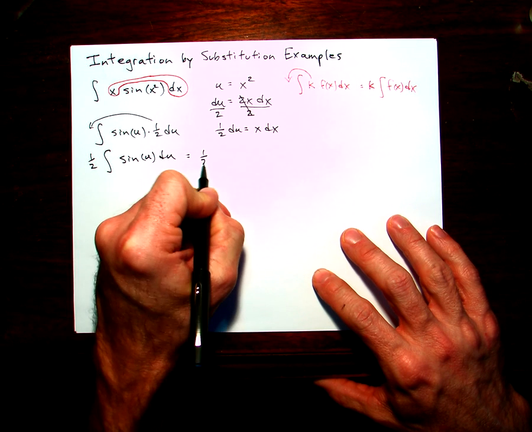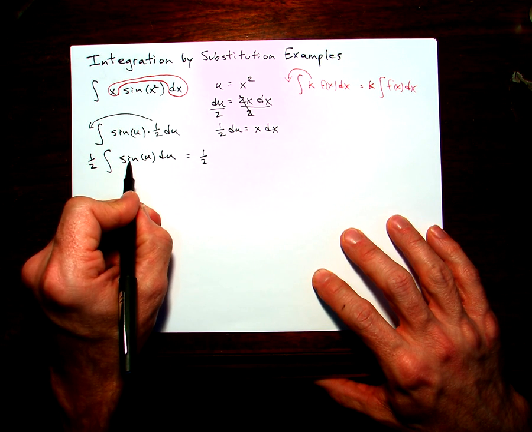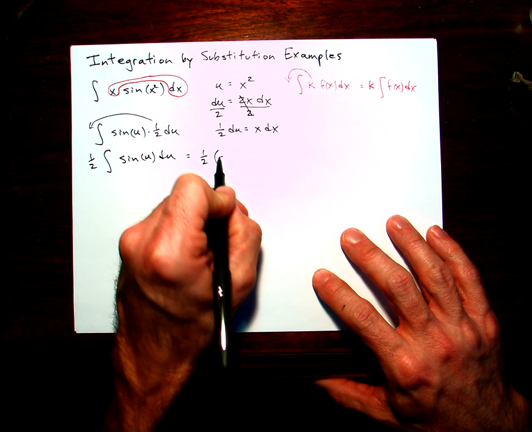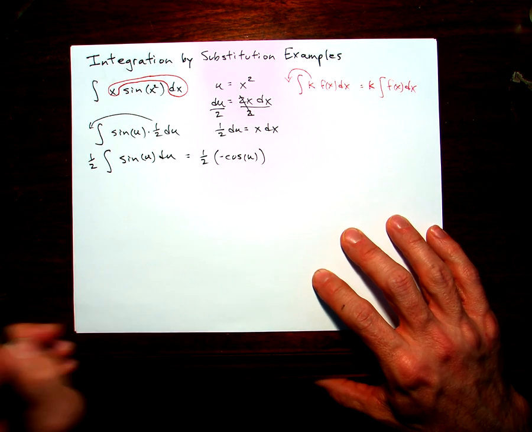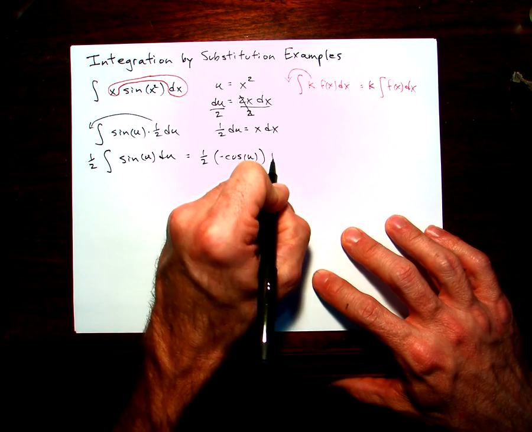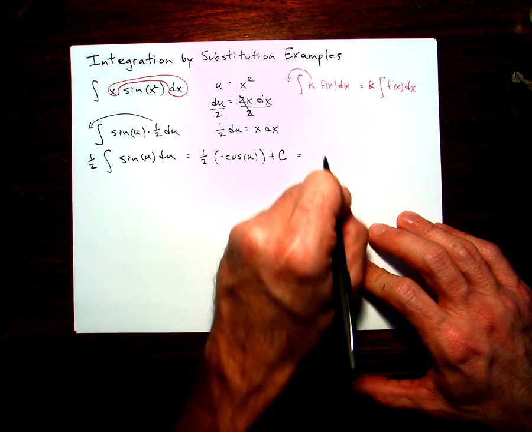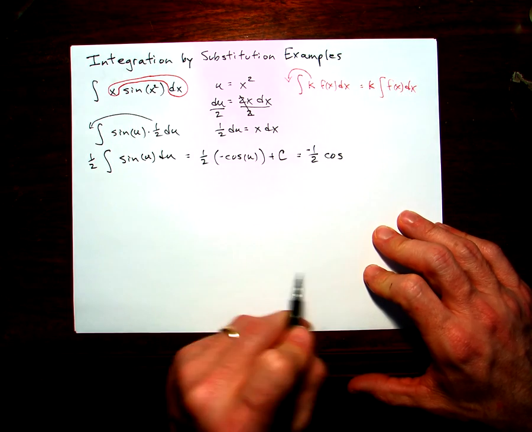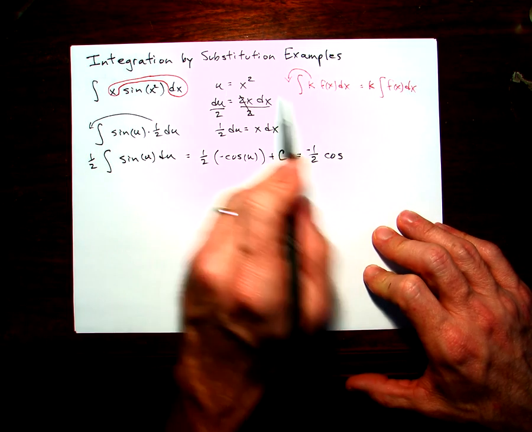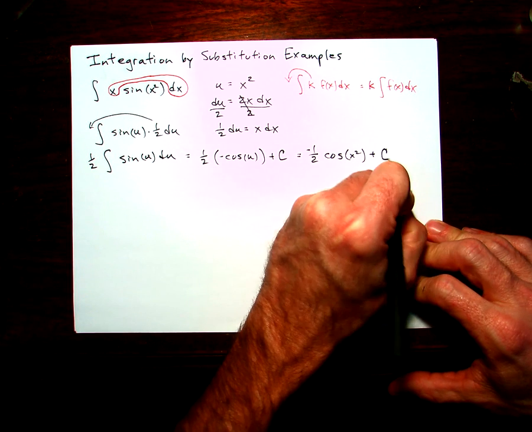It's going to be 1/2, and we know that the derivative of the cosine is negative sine, so this would be negative cosine. The derivative of that would give me sine, and then plus c. So when I do this multiplication, I get negative 1/2 cosine. Let's put our function of x back in. U is x squared, so this is going to be negative 1/2 cosine of x squared plus c.